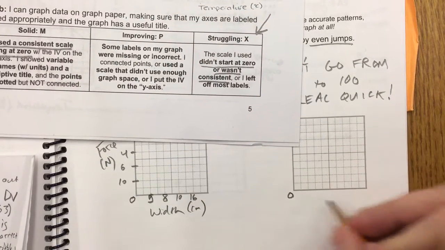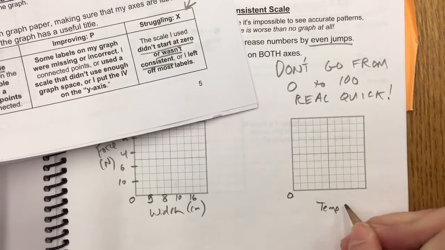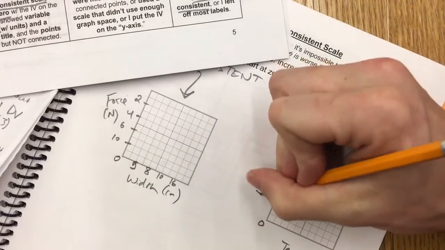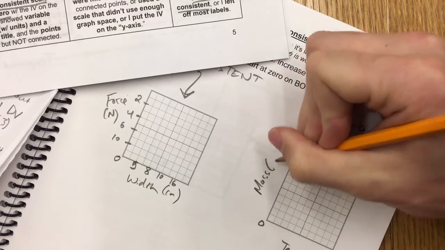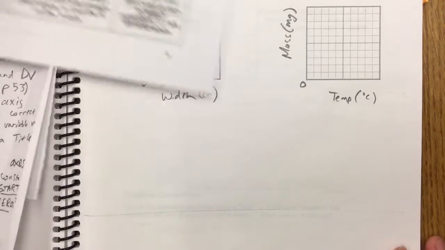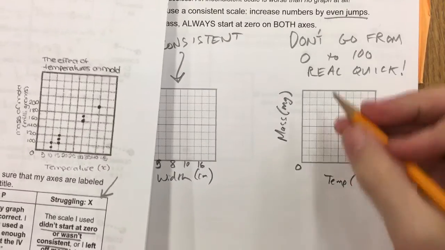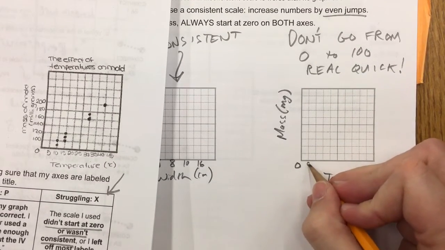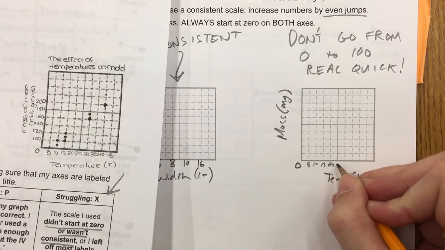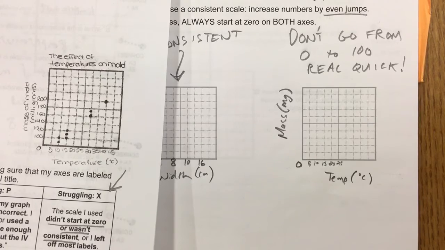This one could go, if we want to make this a temperature axis in degrees Celsius, and then maybe this is the mass, I'm just going to write mg to abbreviate milligrams. This is also not consistent if we go from 5, 10, 15, 20, 25, and so on. That's okay. We already know that that works.